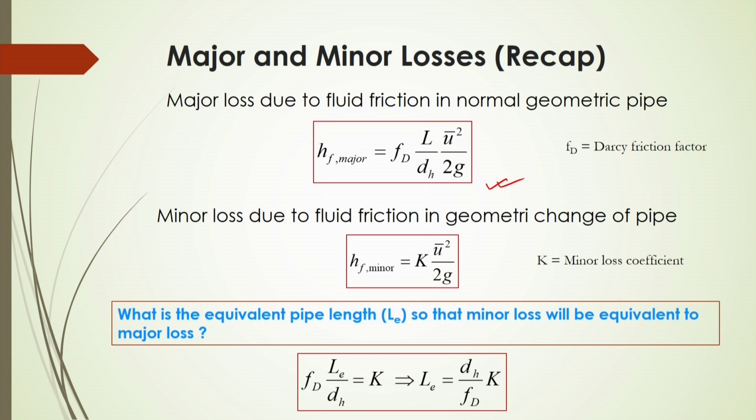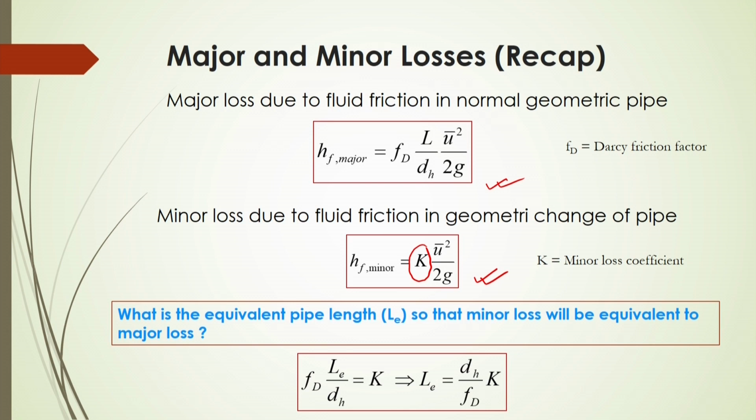Those losses are generally represented by the minor loss, and that minor loss is calculated based on this equation: H f minor equals k into u square by 2 g. Here k is the loss coefficient, called the minor loss coefficient.